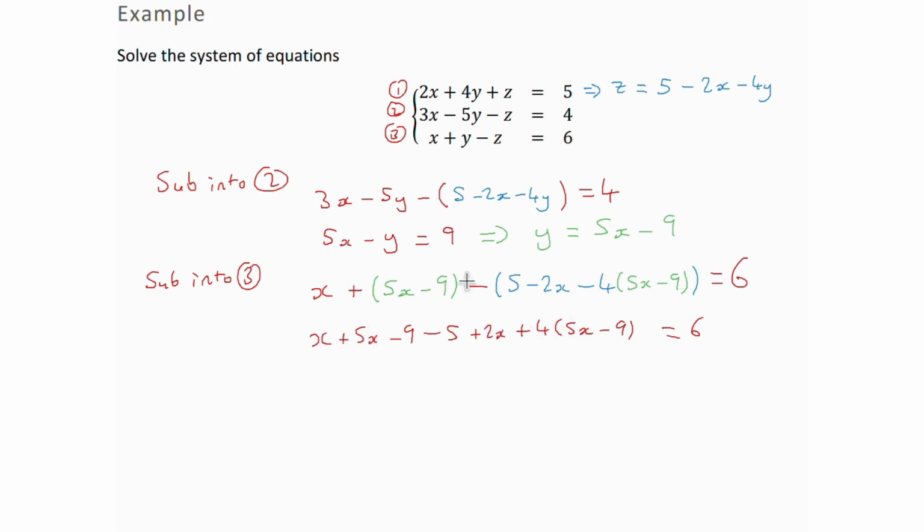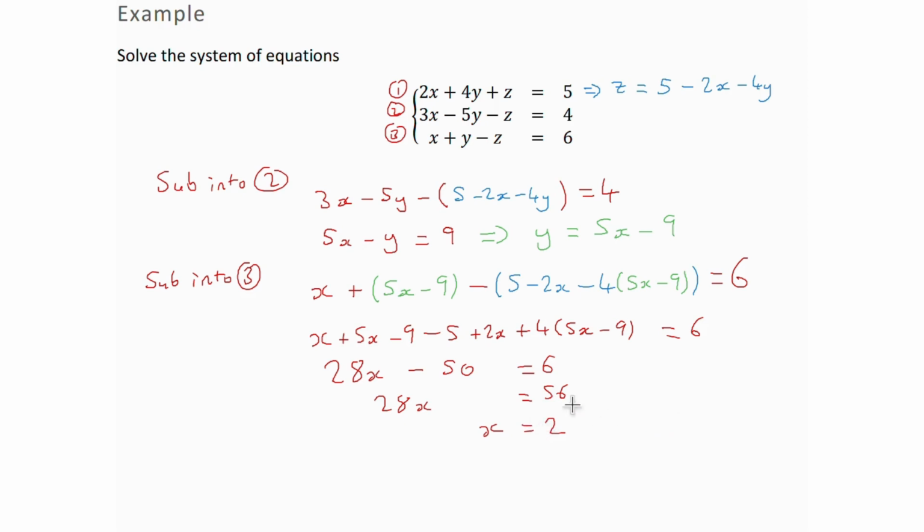So 6x, 8x plus 20x is 28x, and minus 9, minus 5, minus 14, and then minus 36. So minus 14 minus 36 is going to give me minus 50 is equal to 6. 28x is equal to 56, and x is equal to 2.